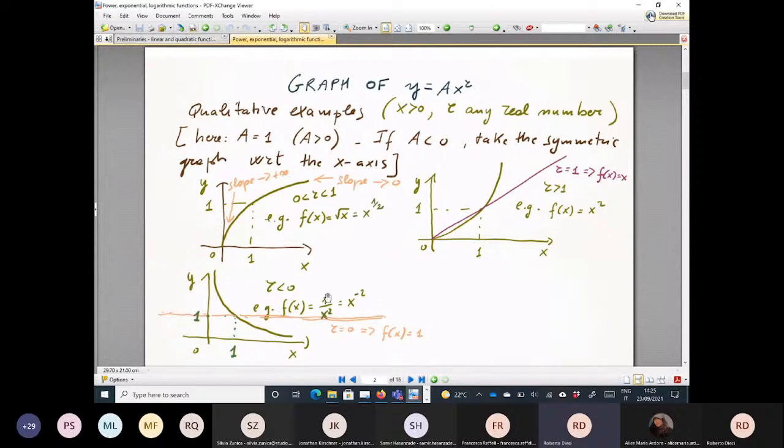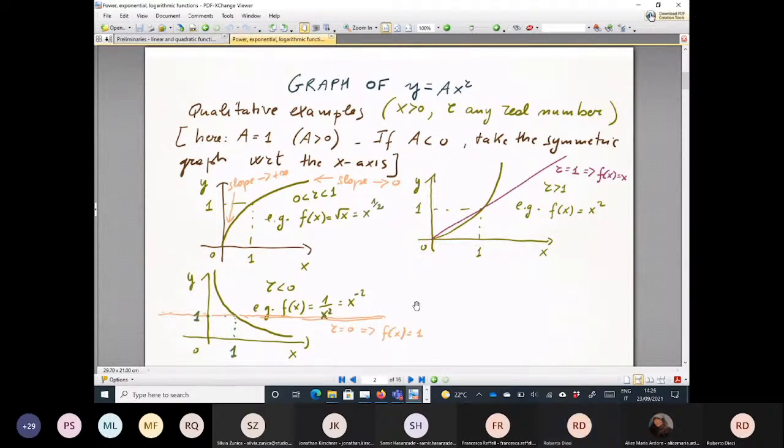So when x goes this direction and approaches 0, then the function becomes higher and higher. When x becomes higher and higher, we say it tends to plus infinity, then the function becomes closer and closer to 0.